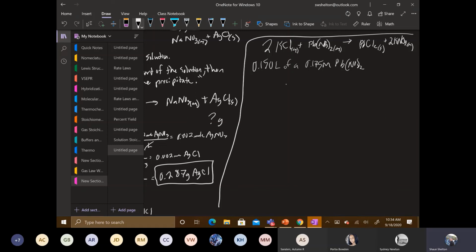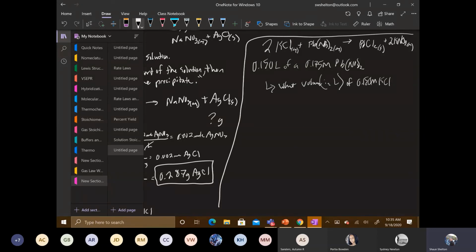So that's the given information. Now, what they're wanting you to solve for is what volume, in liters, of 0.150 molar KCl solution is needed to completely react.